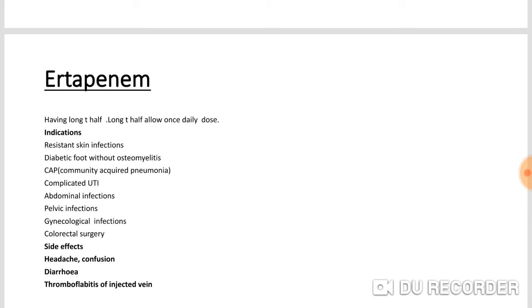It is used for community acquired pneumonia, in short called CAP, and complicated urinary tract infection, abdominal infections, pelvic infections, gynecological infection, and lastly it is used for colorectal surgery. Side effects of ertapenem are headache, confusion, diarrhea, and thrombophlebitis of the injected vein.